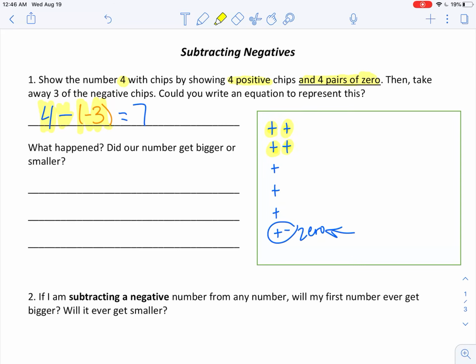Because I subtracted 3 negatives, and now I've got 7. So 4 minus negative 3 is 7. When I subtracted negatives, our number got bigger.